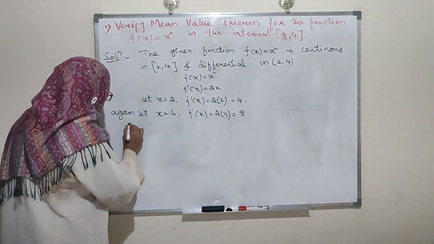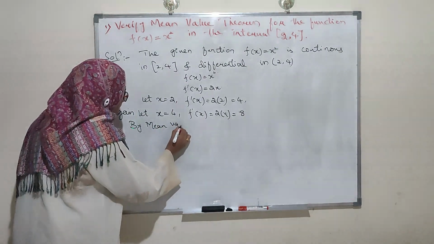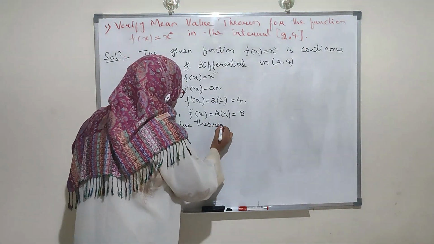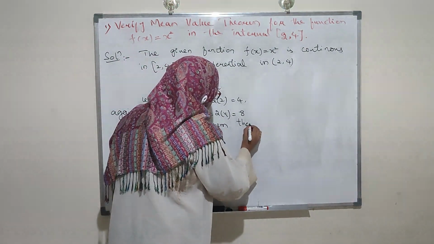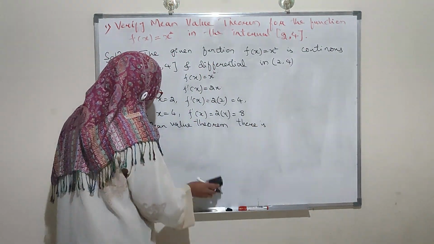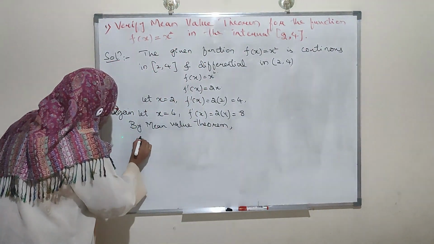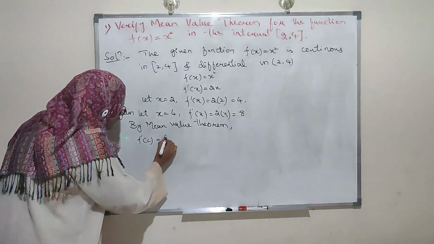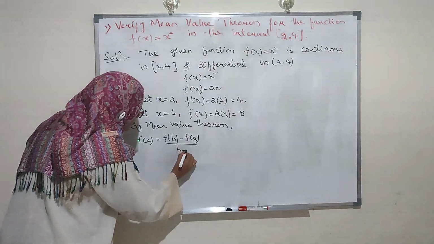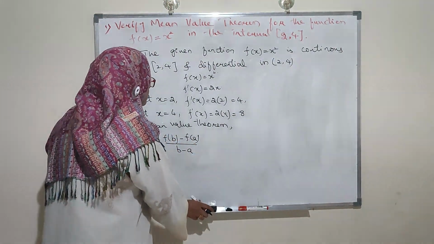Now by the mean value theorem, there is a point c such that f dash of c equals f of b minus f of a divided by b minus a. Now first find f of a and f of b.